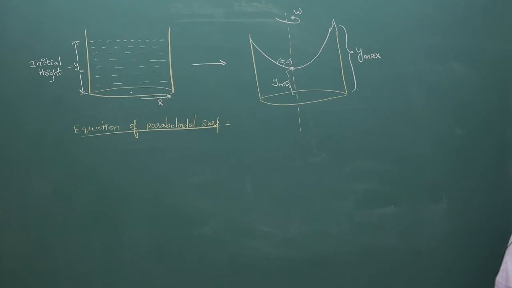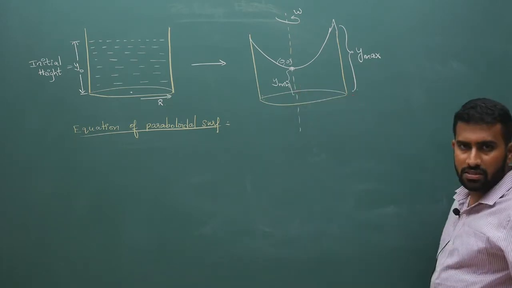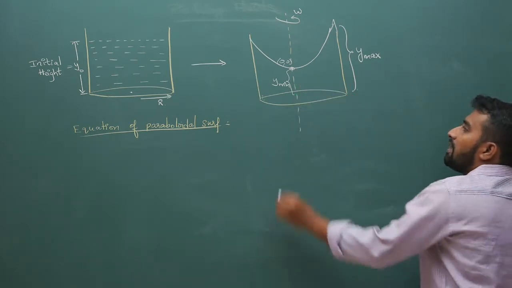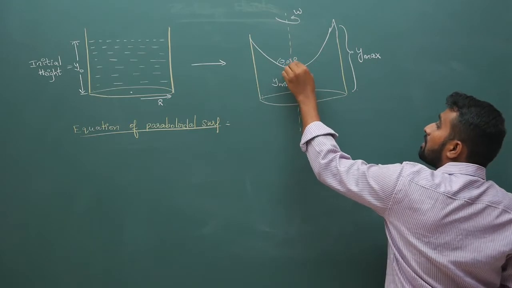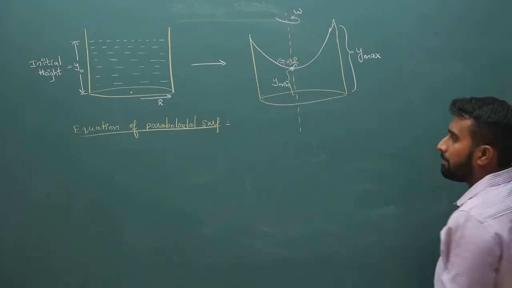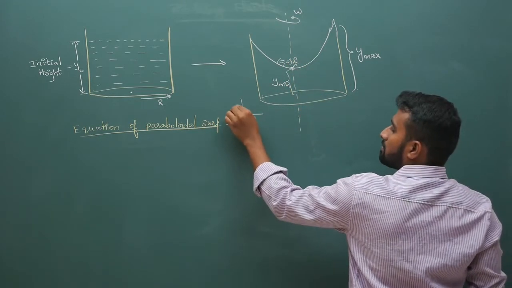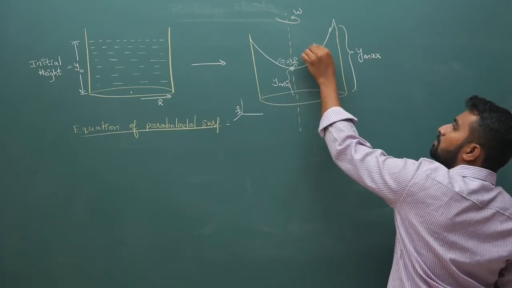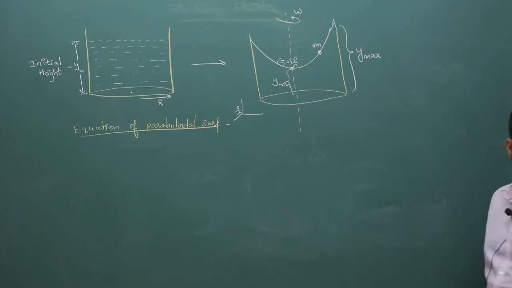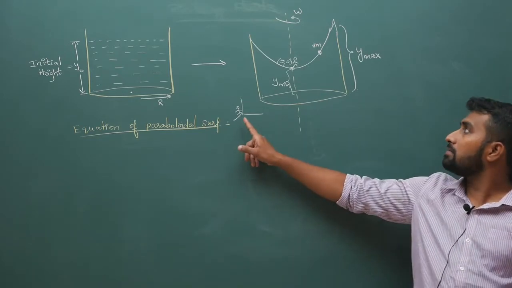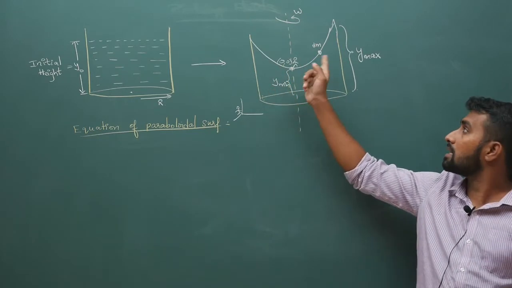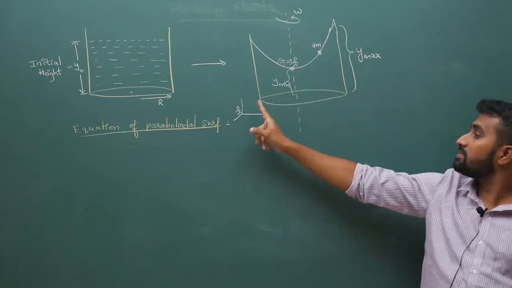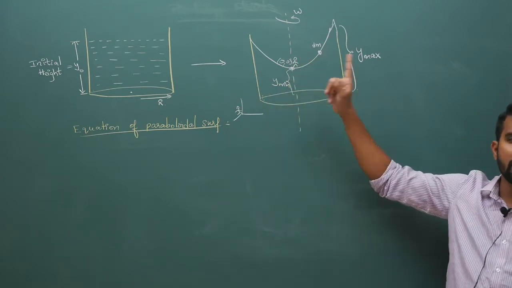Now after taking this as your origin, if I stand here, with respect to a person on the ground frame, if you take a small particle dm, it will go in a circle.